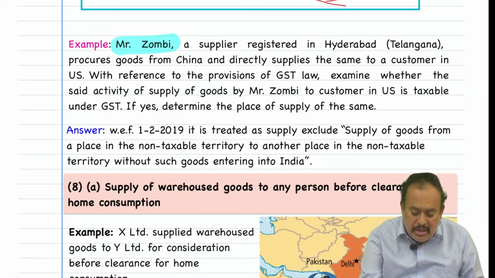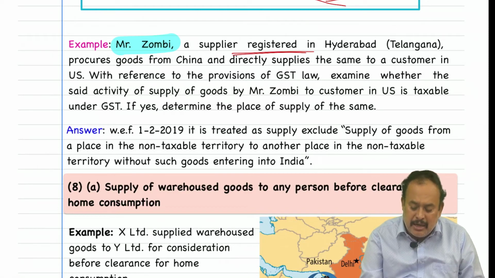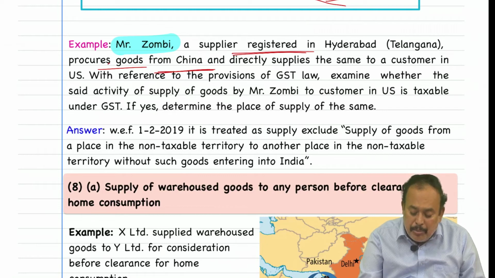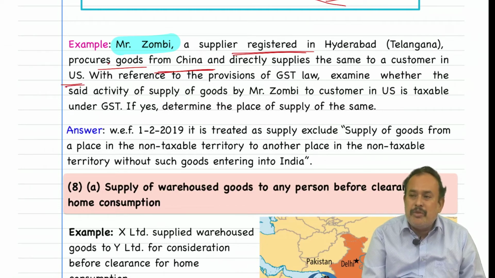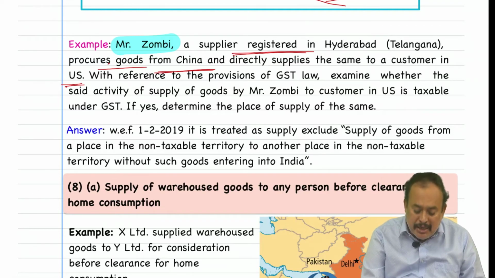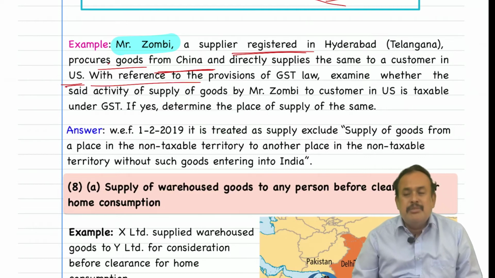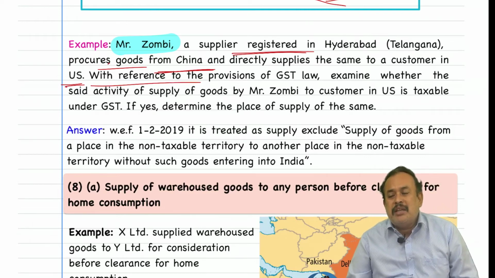Jumbi, no doubt, is a registered supplier in Hyderabad, Telangana, who procures the goods from China and directly requests China to supply the goods to the buyer in the US. So the goods are moving from China to the US. In that case, without touching India, whatever consideration is received by Mr. Jumbi for doing so is outside the scope of GST.